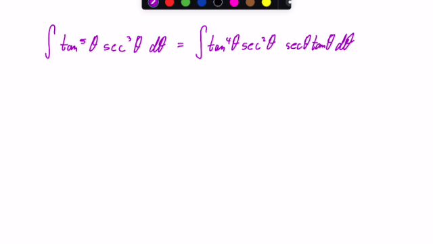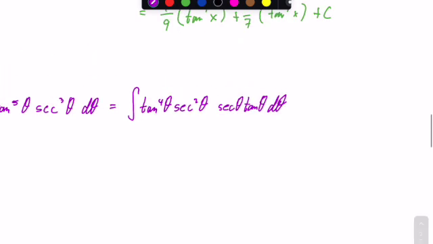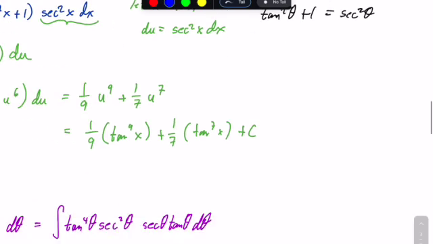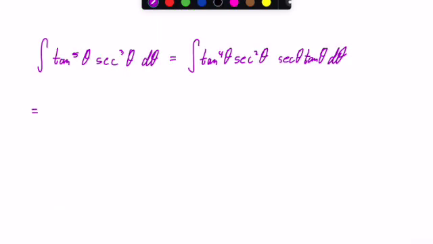The only problem is I've got a tan to the fourth in here. Well, using the same Pythagorean identity we had before, we can say, oh, well, tan squared theta is secant squared theta minus 1. So this is tan squared theta squared, secant squared theta, secant theta, tan theta, d theta.